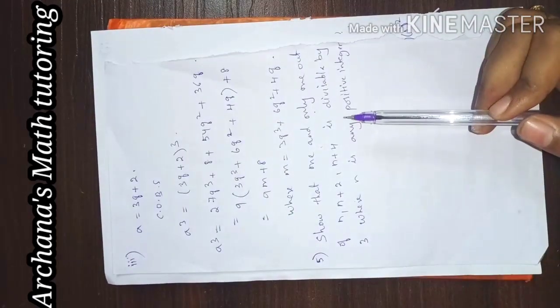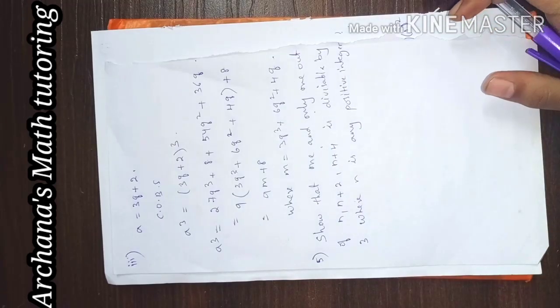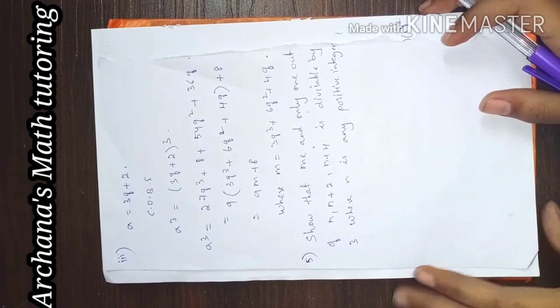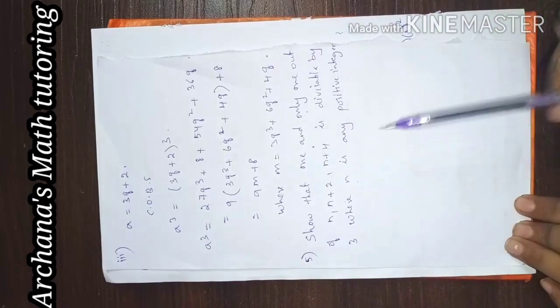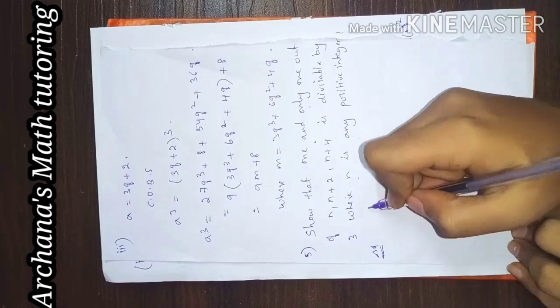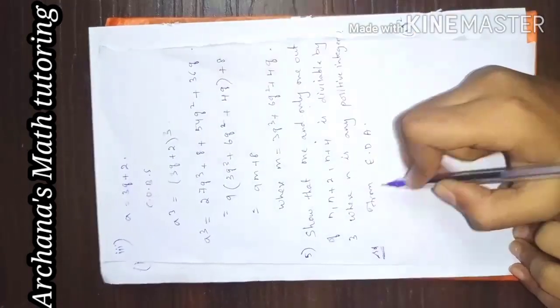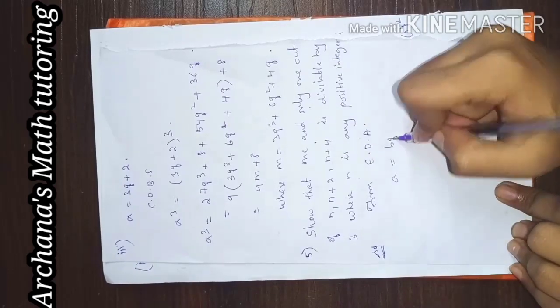is divisible by 3. We need to find which one of them is divisible by 3. So as we need to find which of them is divisible by 3, the problem is the same as Euclid's division algorithm. What do we know? a is equal to b into q plus r.